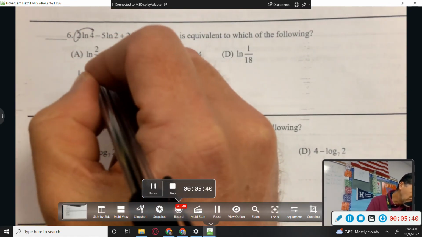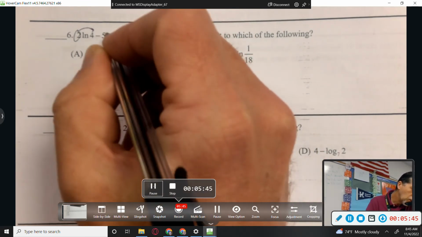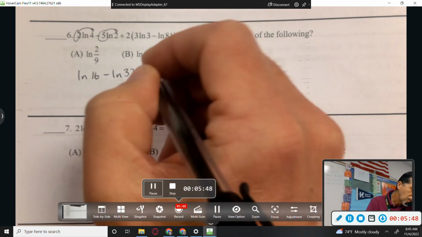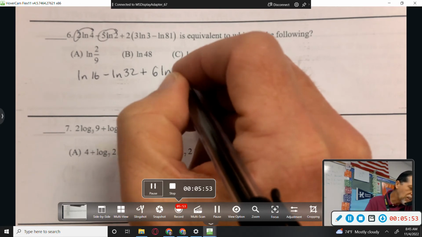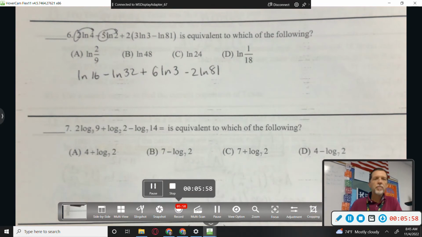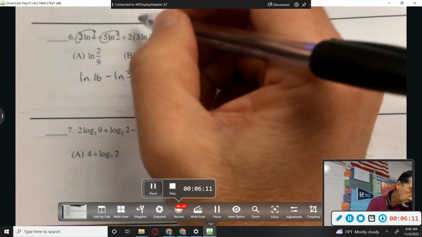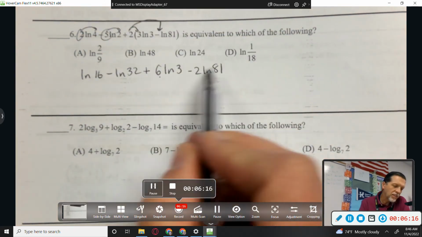So natural log of 16 minus natural log of 32, just fixing the exponents first, plus, you can distribute 6 natural log 3 minus 2 natural log 81. Because that 2 can only go to the front. So 2 times 3 and 2 times natural log. Now we're not done. We got to put the 6 and the 2 up as exponents.